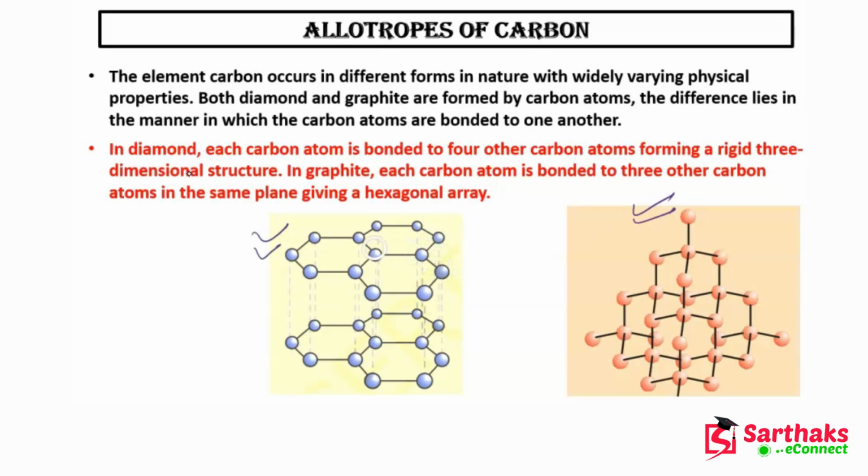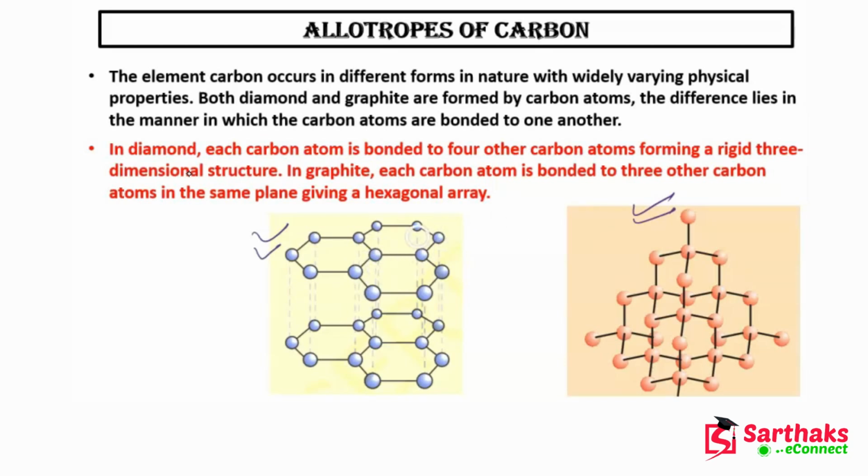Let's suppose this carbon atom is connected with 3 other carbon atoms, 1, 2 and 3. Now you can see that here one valency is free. So because one electron is free, the graphite conducts electricity.